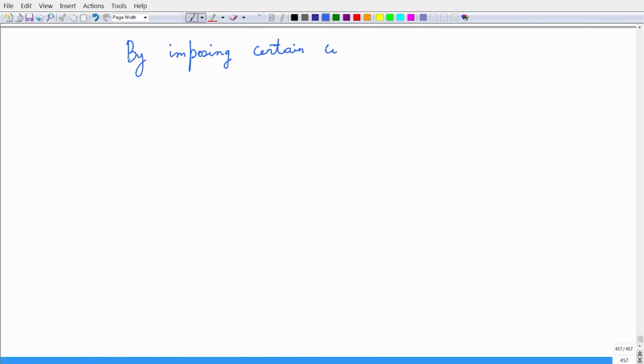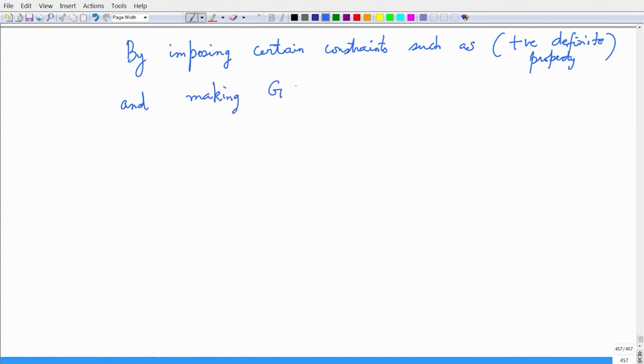By imposing certain constraints, such as the positive definite property and making G, this Green's function, rotationally invariant, we get the Gaussian form.